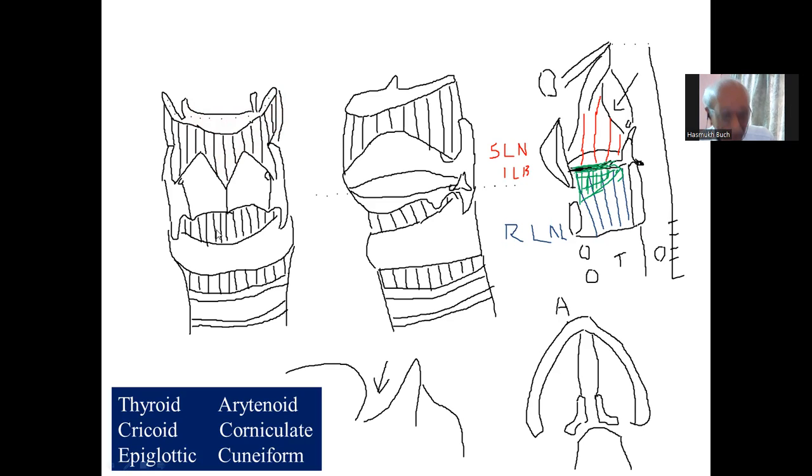And then this is the cricothyroid ligament or membrane. Median part is usually called median cricothyroid ligament. And the lateral part is usually called conus elasticus.